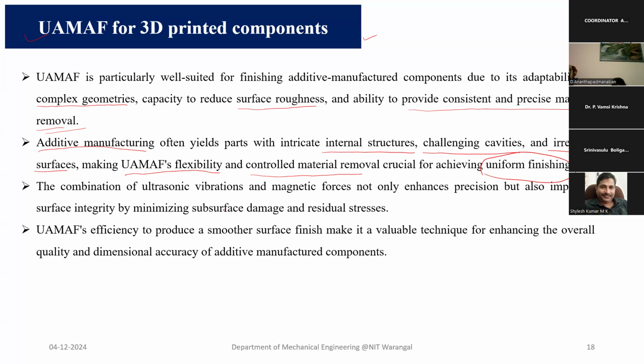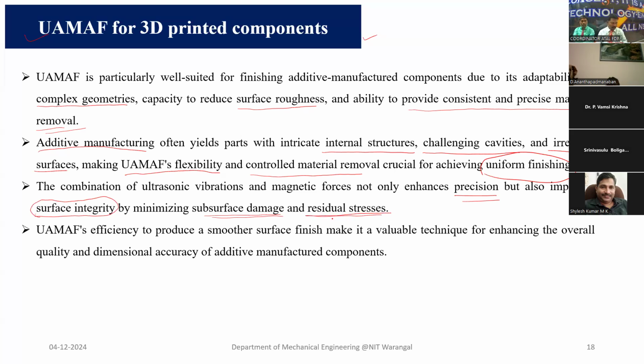Here the combination of ultrasonic vibrations and magnetic force not only enhances the precision but also improves the surface integrity. This is very important here. Already I told you in the starting itself, surface integrity means we need to understand the surface damage like micro cracks, surface asperities or roughness, etc., as well as residual stresses.